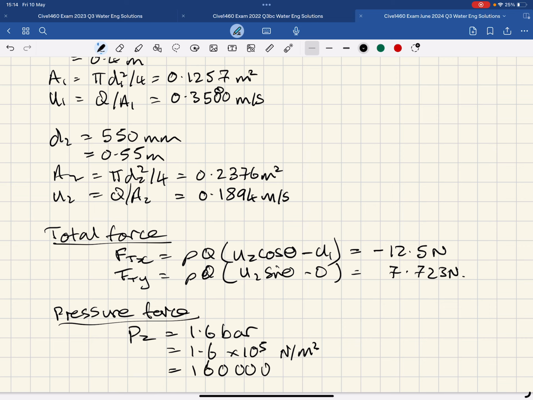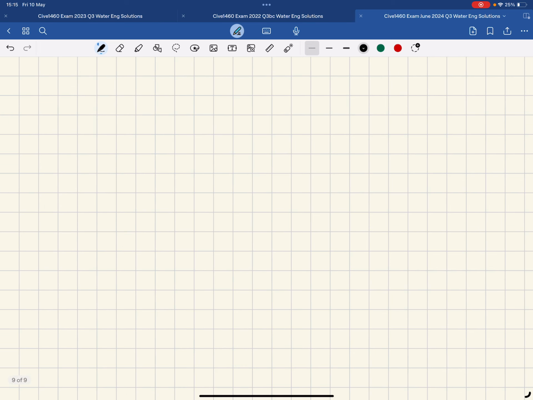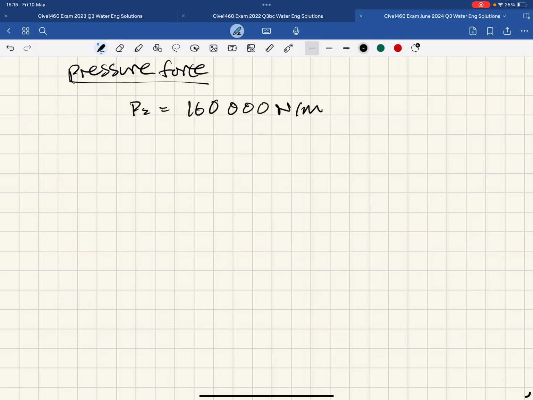We can write it in full, newtons per meter squared, also pascals. Right, we then need to calculate the pressure force. Let's go on to the next page. So I'll just write pressure force again. P2 equals 160,000 newtons per meter squared.